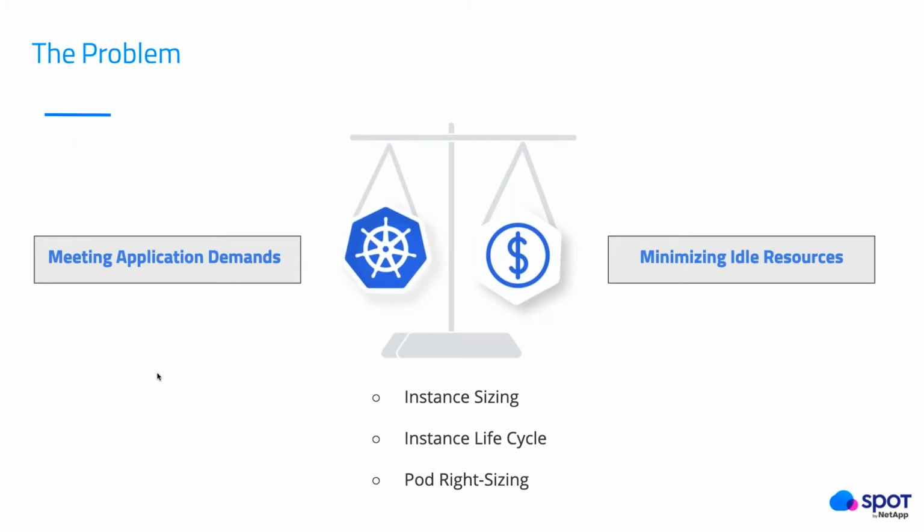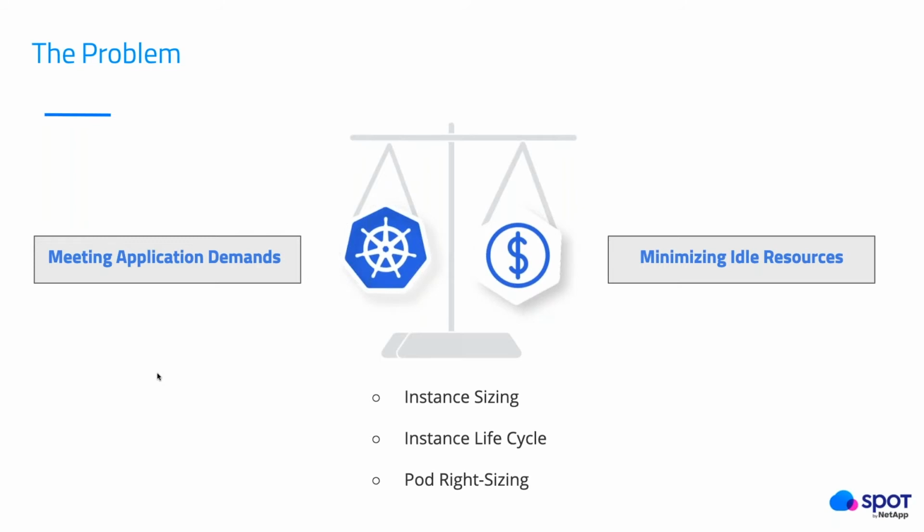So we want to be as efficient as possible. What we can do behind the scenes in order to allow that is to define different instance sizing for our clusters, to work with different life cycles of machines. So we can use on-demand machines, we can use reservations, and we can also use cloud excess capacity, which in AWS is called spot instances.